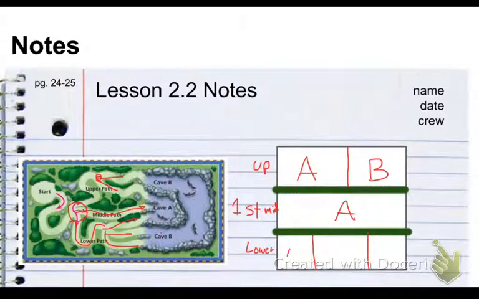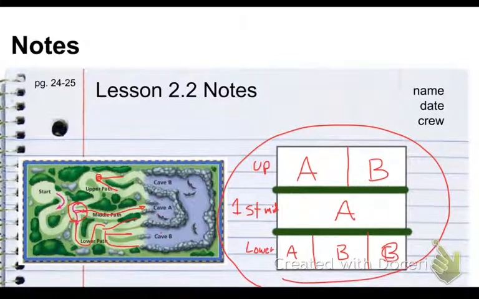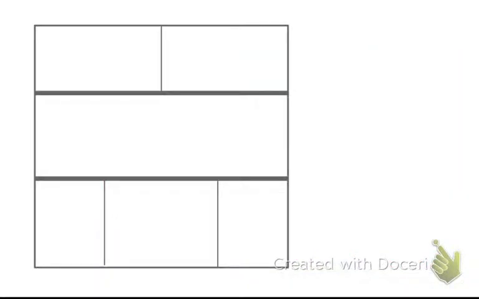So let's mark that out. We have A, B, and C. So as you can tell, my chance of ending up in A is much larger than ending up in cave B, right? I can tell by looking at the overall size of my area model. Now, how much exactly?